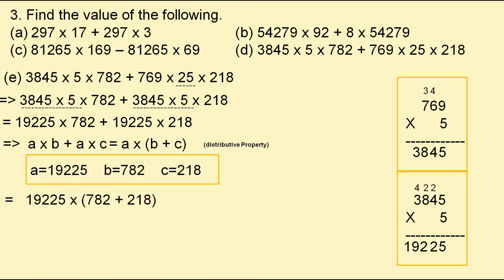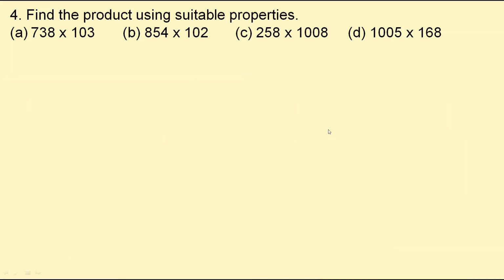Now let's add the numbers which will give you the answer as 1000. Okay. Now it's easy to find the final answer, that is 1,92,25,000.